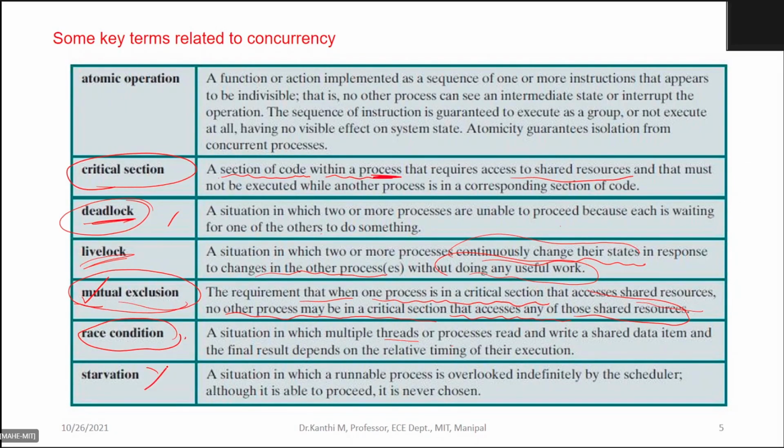Then starvation, which I think I have told you about: a situation in which a runnable process is overlooked indefinitely by the scheduler. For example, in the shortest process next algorithm, if shorter processes keep entering the queue, the longer process available in the ready list may not get a chance at all.